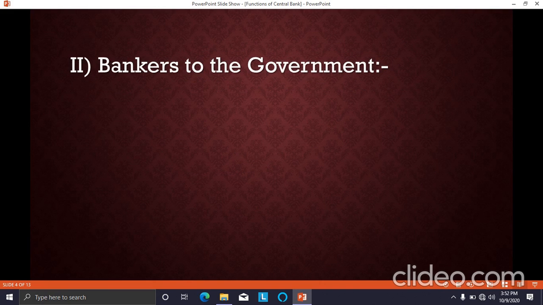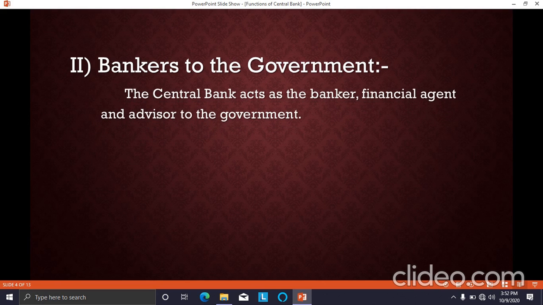The second function of central bank is banker to the government. The central bank acts as the banker, financial agent and advisor to the government. For us, for the layman, commercial banks are the banker, but for the government, the central bank acts as the banker.